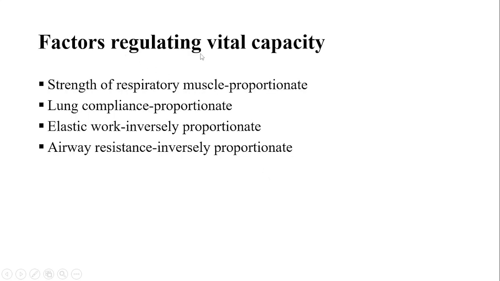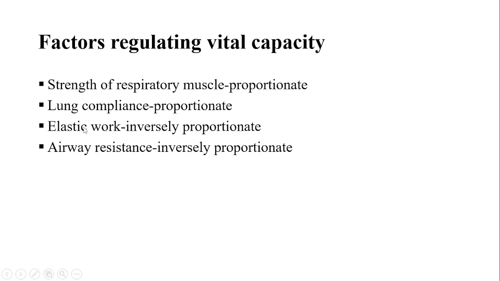Now the factors that regulate the vital capacity. First one of them is the strength of respiratory muscle and the lung compliance, that means they are proportionate. That means if the strength of respiratory muscle increases and the lung compliance is increased, the vital capacity will also increase. And elastic work and airway resistance are inversely proportionate.